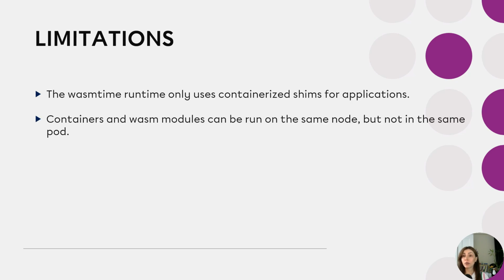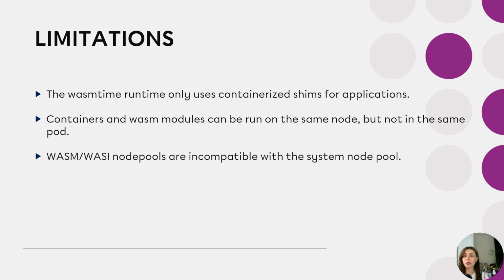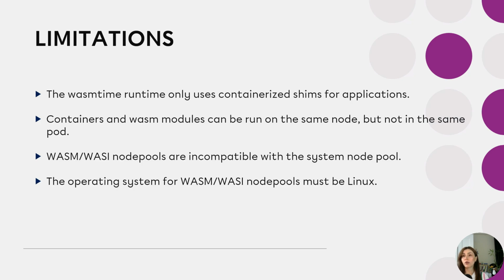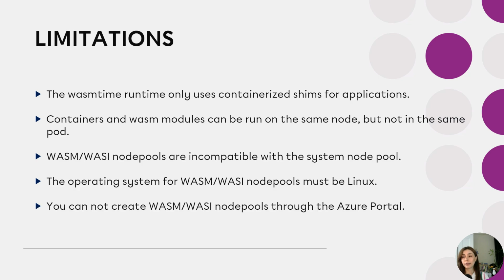Containers and WASM modules can be run on the same node, but not in the same pod. WASM or WASI node pools are incompatible with the system node pool. The operating system for WASM or WASI node pools must be Linux. And the last one is that you cannot create WASM or WASI node pools through the Azure portal. You must do it from the command line.